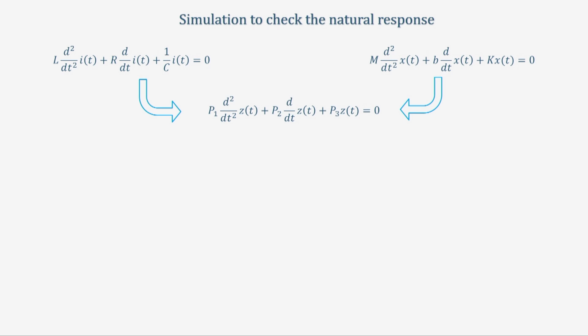So, let us look at this equation and try to simulate it. What do you mean by simulation? I will take some numerical values of P1, P2 and P3 and then I will try to find out Zt. Now, in order to find out Zt, I will have to solve this.